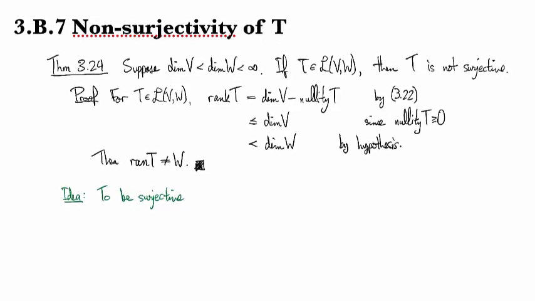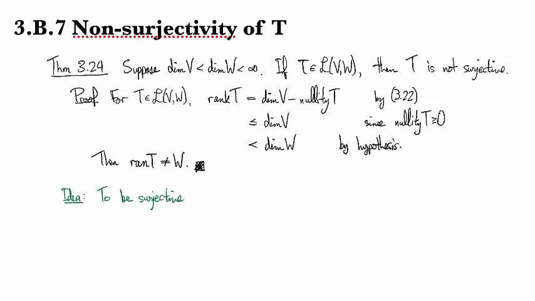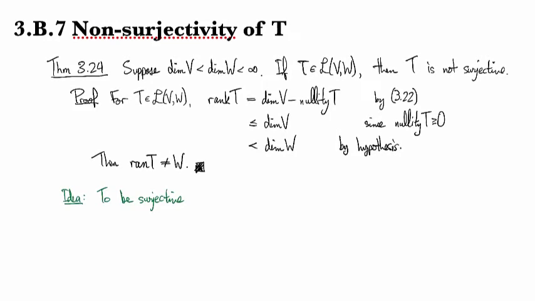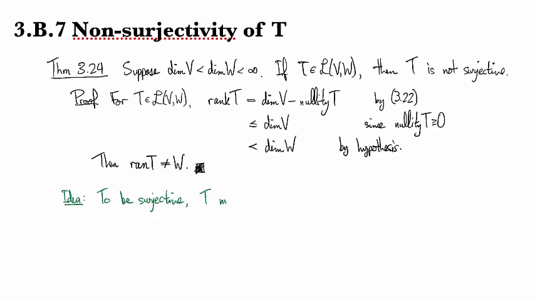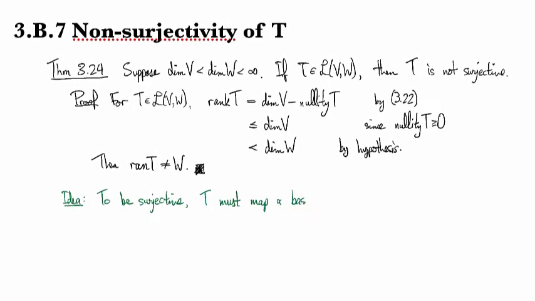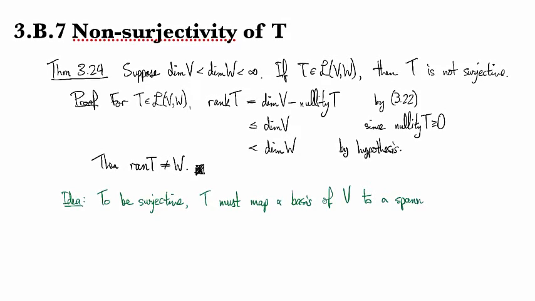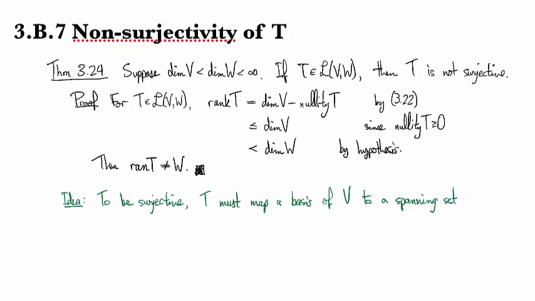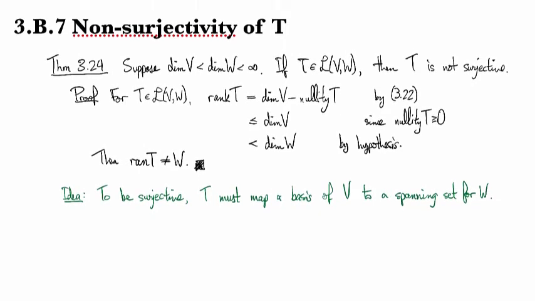But if we talk about bases instead and spanning sets, then it reduces to questions about finite sets because we're looking at finite dimensional vector spaces. So in order to be surjective, T must map a basis of V to a spanning set for W.